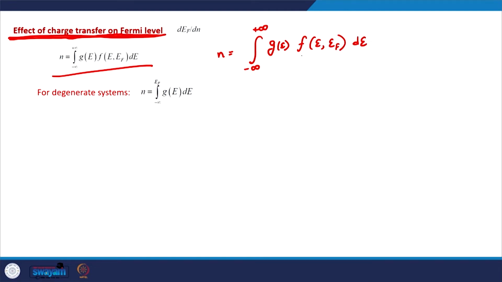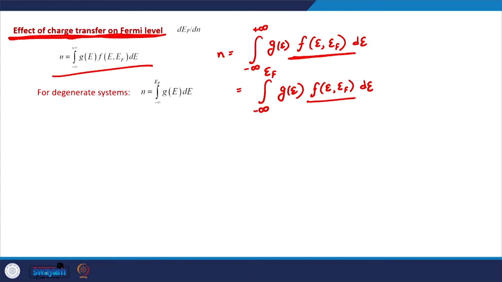And generally the Fermi function is governed by the Fermi function of the contact, where we assume that the electronic states up to the Fermi level are completely filled and above the Fermi level are empty. So this limit from minus infinity to plus infinity can be reduced to minus infinity to EF, which is the Fermi level of the system in equilibrium.